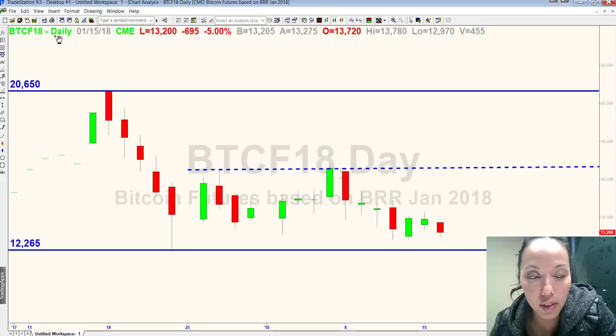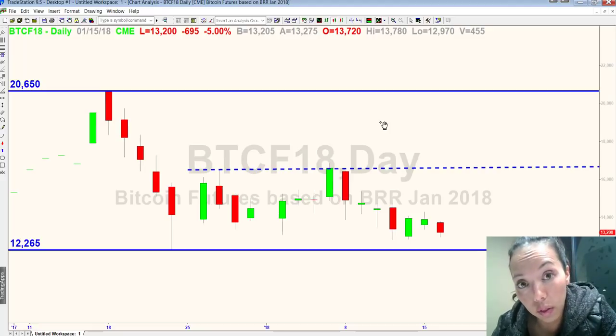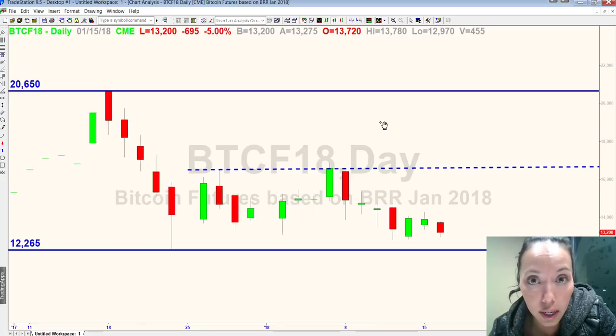Each candle represents a day. All right, now you want to keep in mind that the last day to trade this January contract is the last Friday of each month, and the last Friday of this month is January 26th. And so it closes at 4 p.m. London time, okay? Now the contract settles on January 31st, the last day of the month. That's the settlement date.